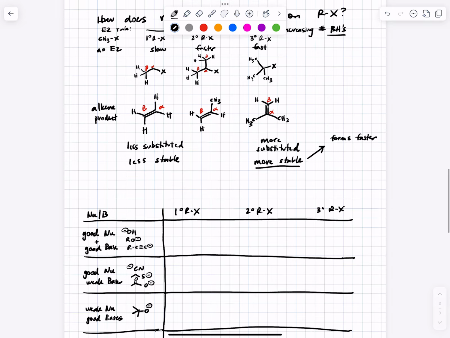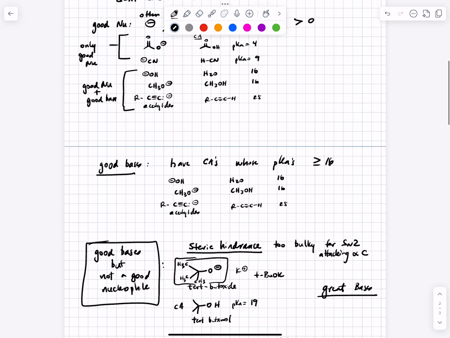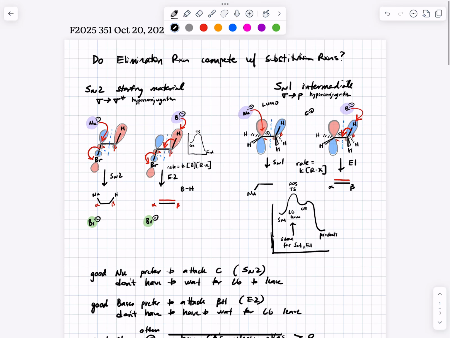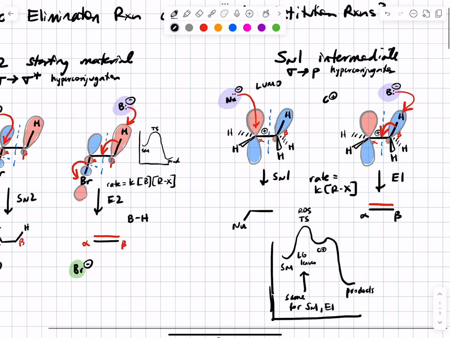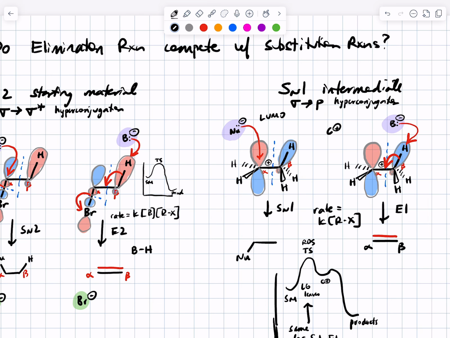Before we start in on this, I want to take us back to a place that we were at earlier, where I showed you that the first step of an SN1 reaction is the same as the first step of an E1 reaction. That is, in an SN1 reaction, the leaving group leaves.